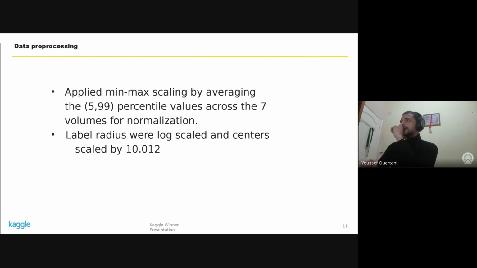Here, I tried to make it look more like a center, not a particle, so I tried to make them all have almost the same size. And centers were scaled by 10.012, like we have in the data and in some discussions. Please feel free to ask me any questions if you have them.